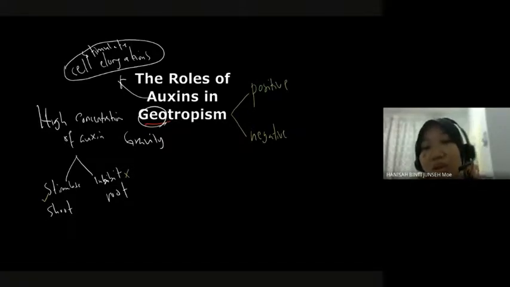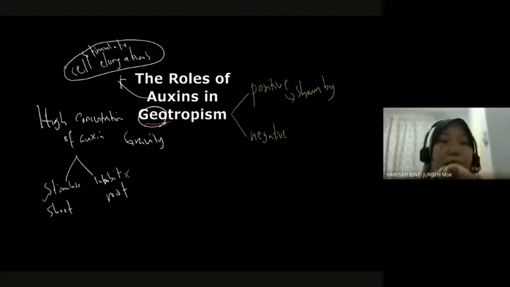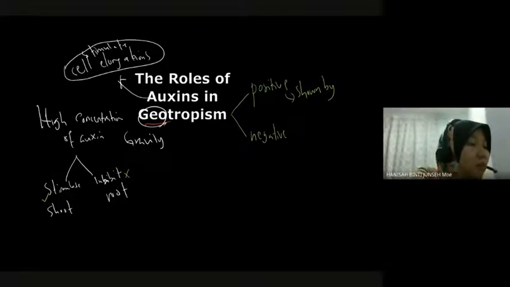So usually positive geotropism shown by, okay, bahagian mana plants yang shows the positive geotropism? Shoot ke root? Bahagian mana yang, which part of the plant shows a positive geotropism?